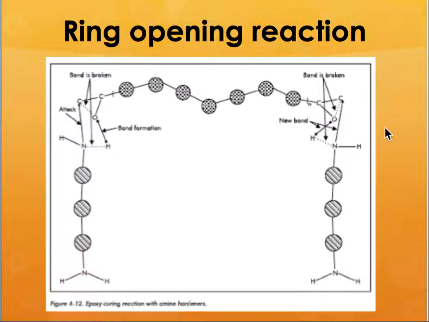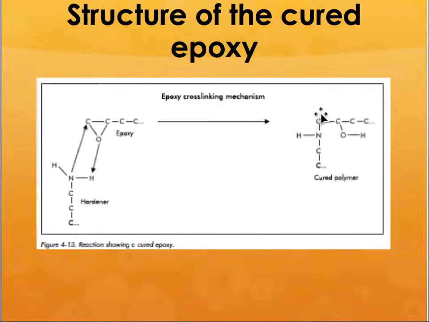So this is the ring opening reaction, and then it just bonds that together to form the final bond. So this is more chemistry. Don't worry too much about it, but just understand that there is a cross-linking taking place between the carbon double bonds and the nitrogen double bonds in the hardener. That's it.